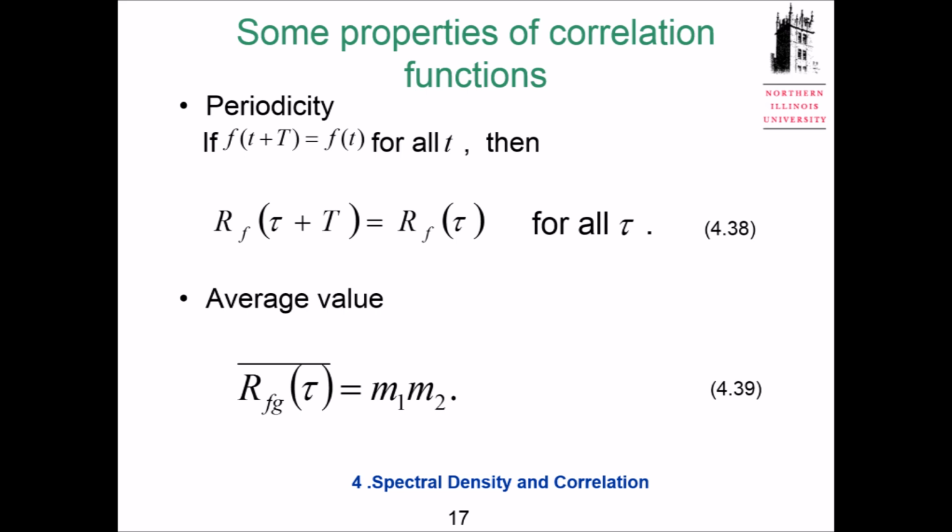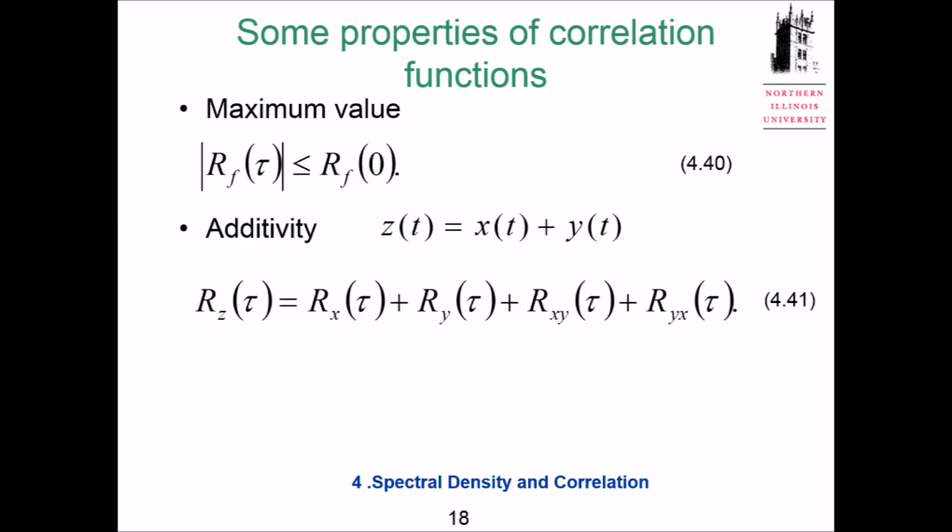So the highest correlation happens when I have no delay. So here, this tau gives me how long the delay is. We use cross correlation to synchronize signals in communication systems. Okay, any questions for this one? It is used a lot. GPS, for example: you synchronize with different satellites using correlation.